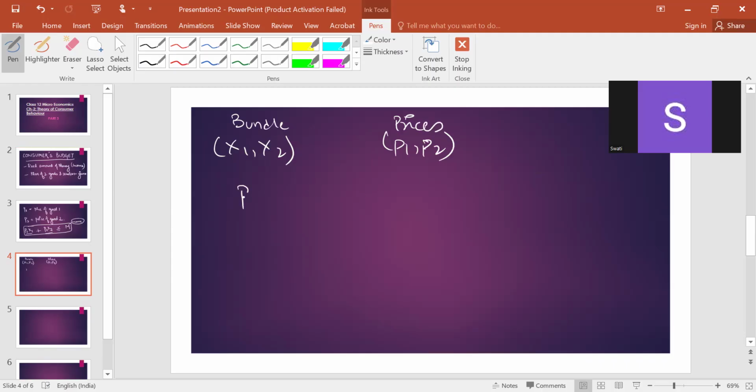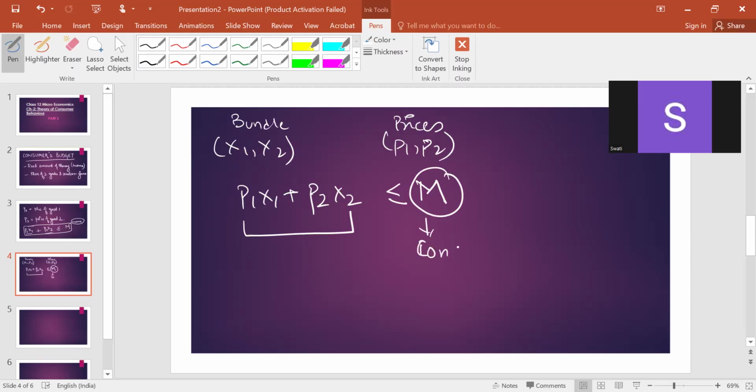He can purchase all those bundles if the total amount P1X1 plus P2X2 does not exceed the income. That is the constraint he has. It acts like a constraint.